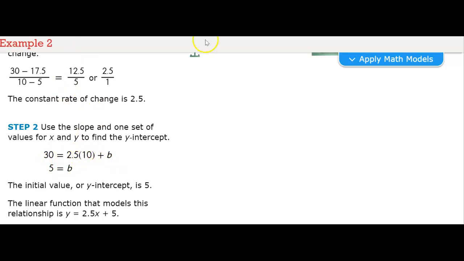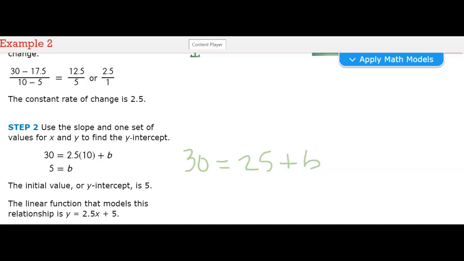Let me write that down just so we're all on the same page. 30 is equal to 25 plus b. And then remember, from equations, you have to move everything away from your variable. So we're going to subtract 25 from both sides, which is the inverse of addition.